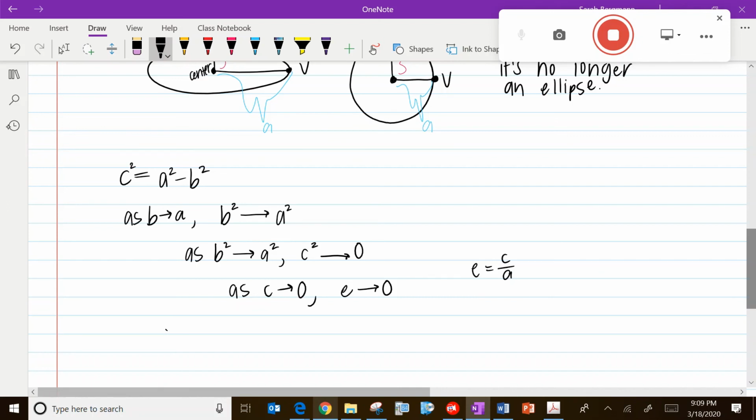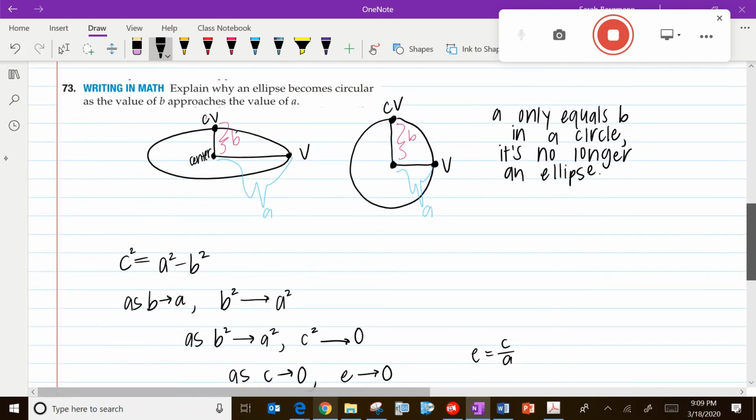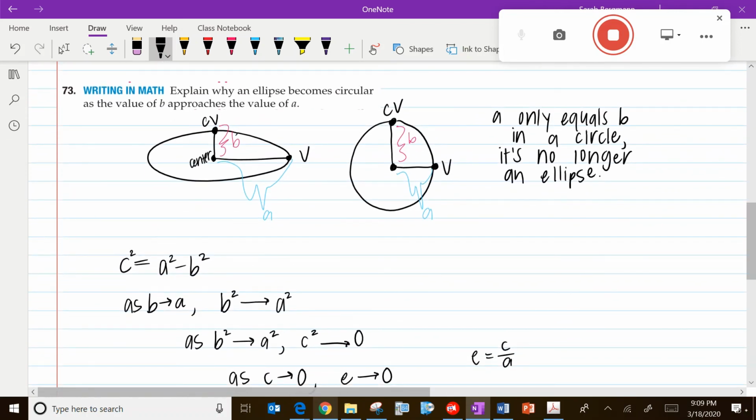As e gets closer to 0, the shape becomes more circular. So whether you like thinking about this graphically or algebraically, either way is the correct answer.